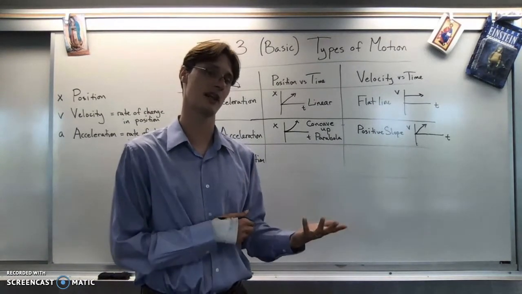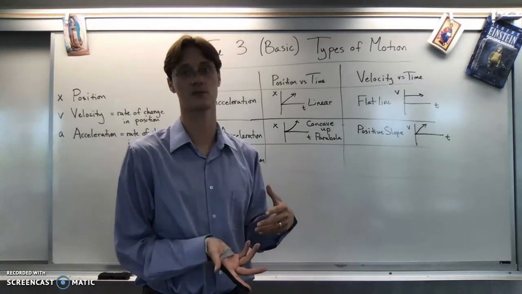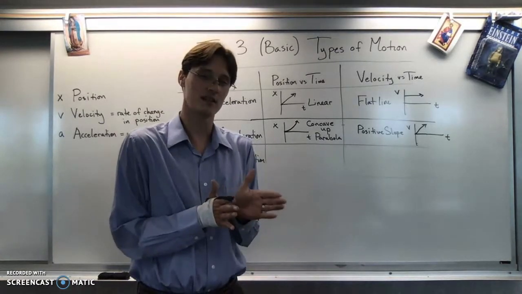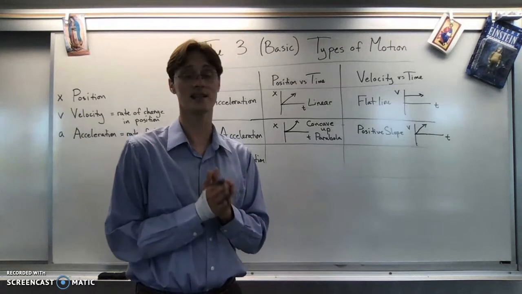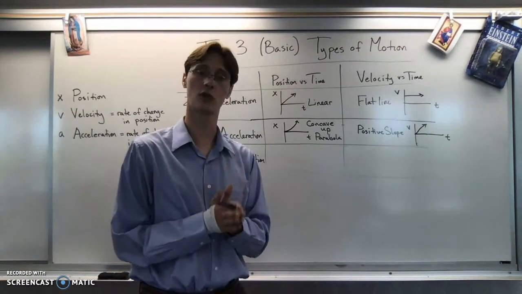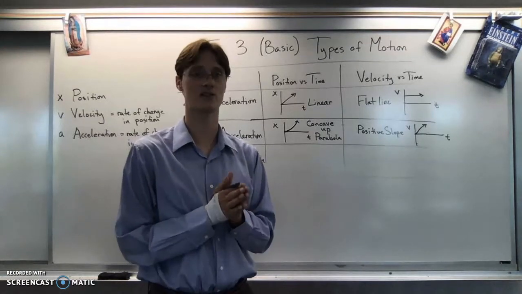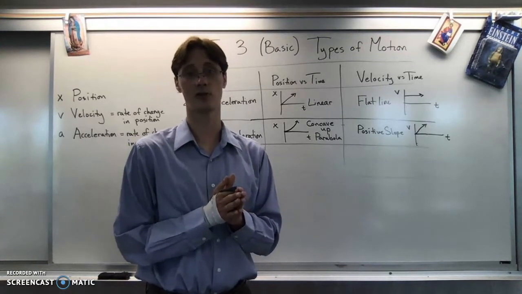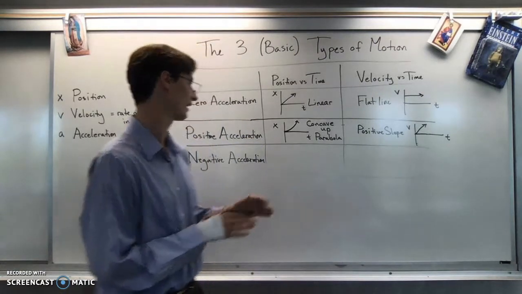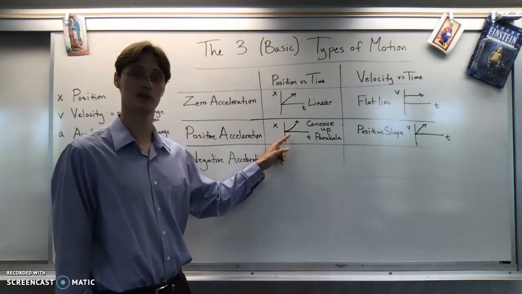And then after 2 seconds, you're going at, say, 6 meters per second. And then 9, 12. So as each second goes by, the rate at which your position changes is growing. You're moving faster and faster, and therefore your position is changing more and more quickly. That is what a parabola shows you.